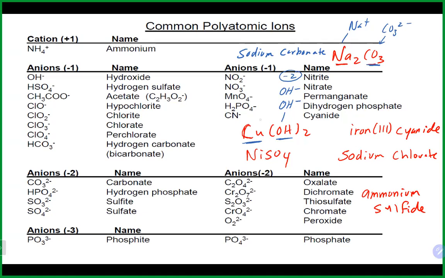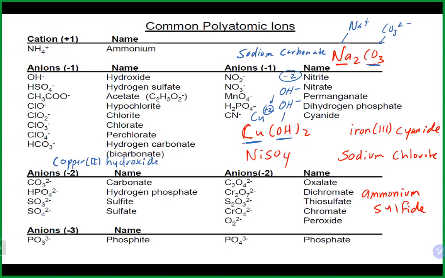We have only 1 copper in this case, so to balance it out, it needs to be +2, and that means it does need a Roman numeral here, and I'll just write it over here. That would be copper, Roman numeral 2, for the charge that's on the copper, and even though there are 2 of the hydroxides, it has no effect on the name, it would be hydroxide in this case. Any questions on that one there?